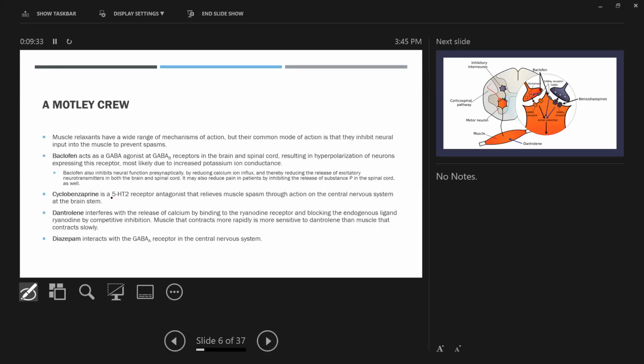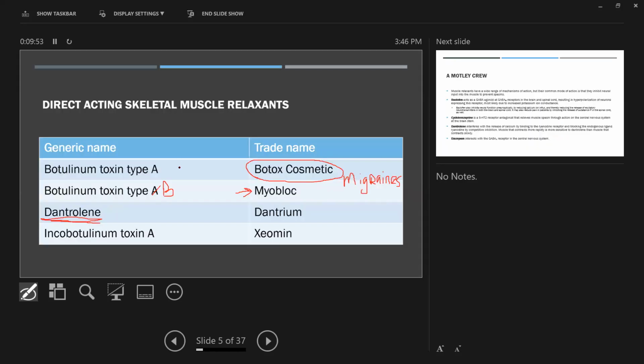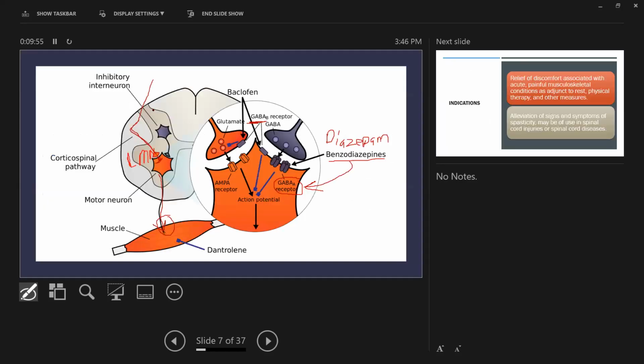Cyclobenzaprine is a serotonin 5-HT2 receptor antagonist. So this receptor will relieve spasm through the action of inhibitory neurons in the brainstem. So essentially, these will go up and they will usually synapse in the brainstem using the medulla oblongata.